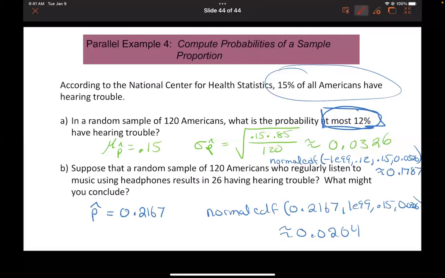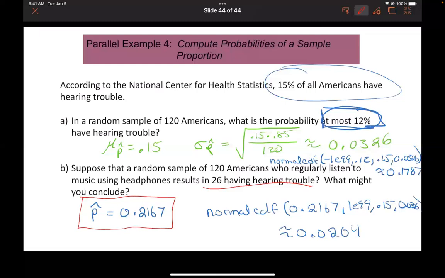So basically what it is, when I get my P hat, if my P hat is higher than my population proportion, I know that they're saying, hey, this is an unusually high value. So I think of what would be the probability of getting that unusually high value or more.